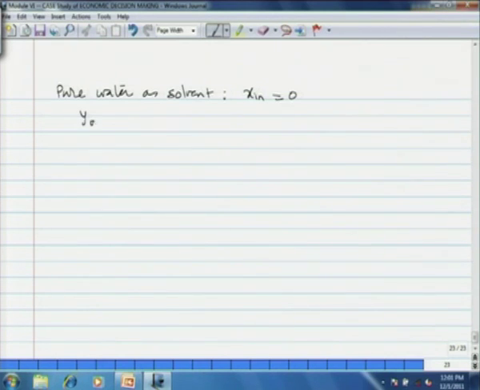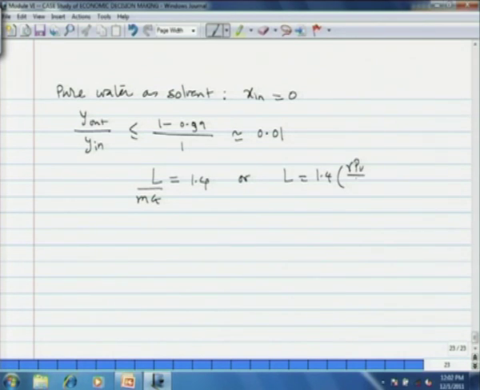So, then we can immediately write Y out by Y in is less than or equal to 1 minus 0.99 by 1, that is 0.01 or lesser, okay. And the thumb rule of having L by mG equal to 1.4, or L is equal to 1.4 into gamma PV by PT into G. Now, with this information, we will try to design the column.